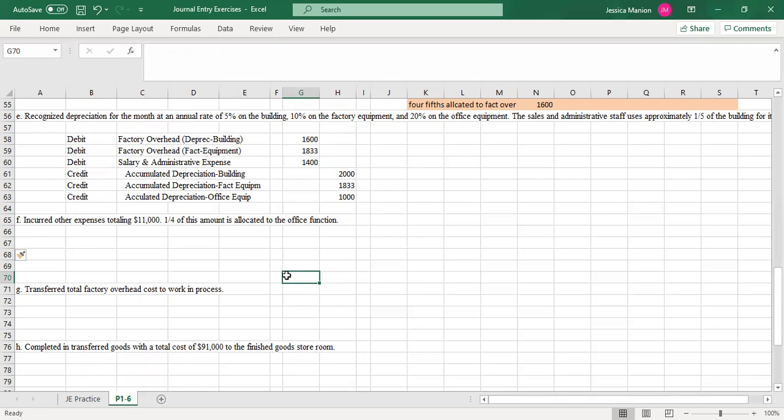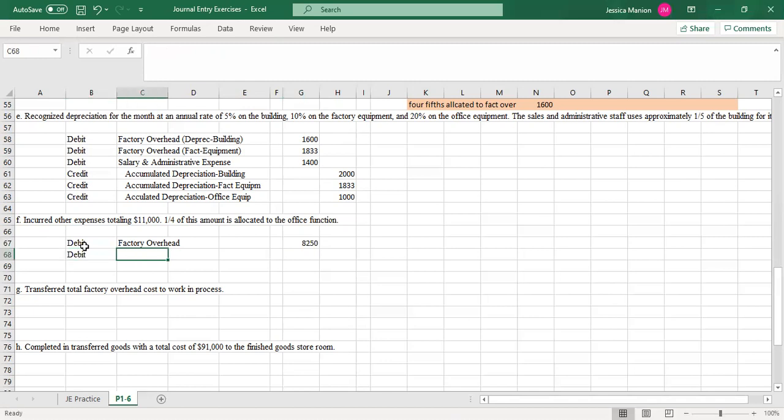So we're going to debit factory overhead. And this is going to be equals 11,000 times 0.75. Because again, 1/4 or 25%, 0.25 is allocated to the office function. So that means that the other 75%, 0.75 is factory overhead.